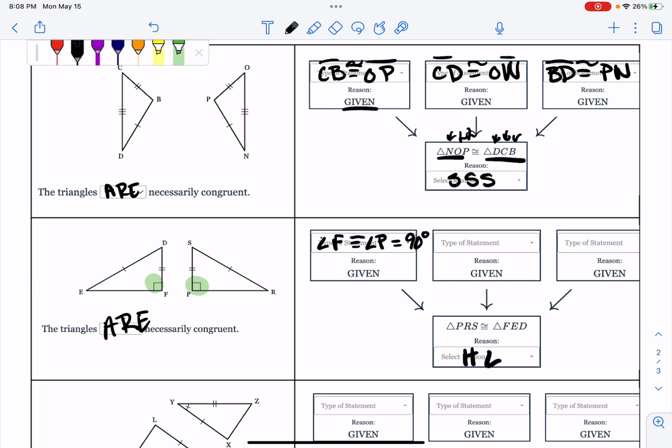Something indicating that we have a right angle here. So however Delta Math does that in the drop-down menu is what you're looking for there. But essentially we need to say that these are right triangles. That's one of our pieces of information for hypotenuse leg.